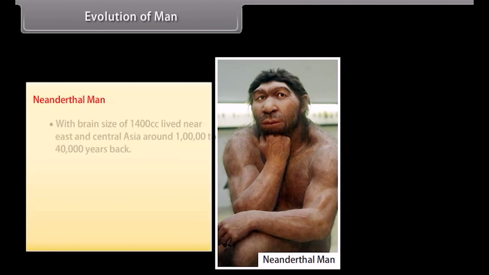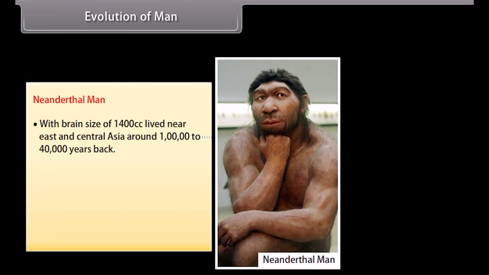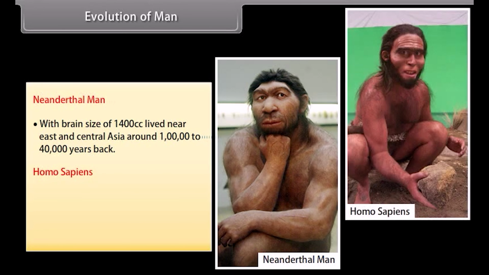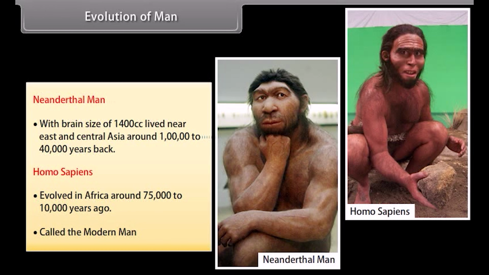Neanderthal man with brain size of 1400 cc lived in the Near East and Central Asia around 1 lakh to 40,000 years back. Homo sapiens evolved in Africa around 75,000 to 10,000 years ago, called the modern man.